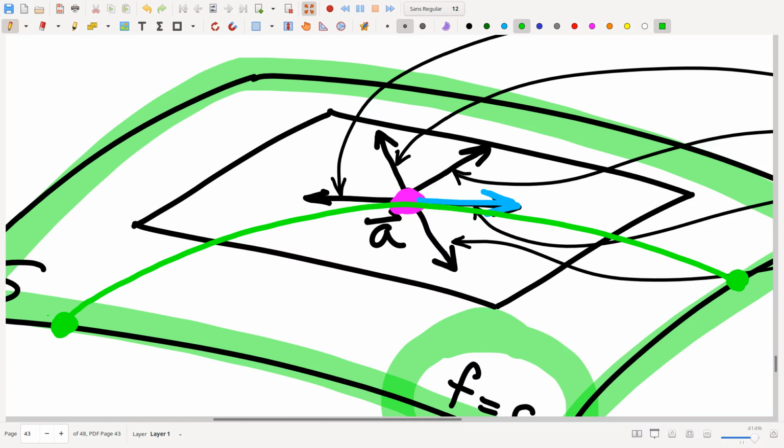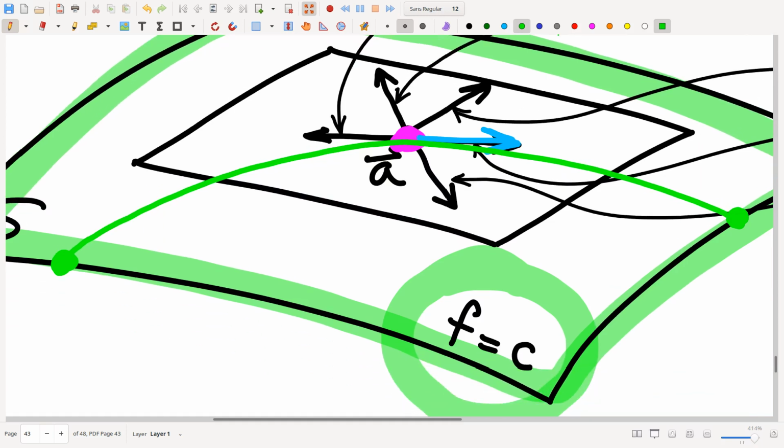Okay. So here's the thing. This curve that I've just drawn is entirely on my surface, where f is always c, which means that as I move along that curve, f is not changing at all. F is, says right here, f is constant. All right, so as I move along this curve, f is constant. Let me say that differently.